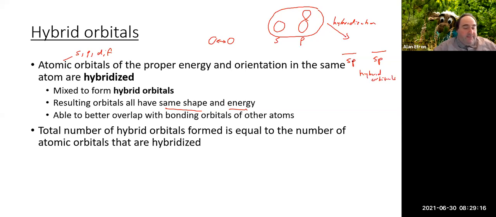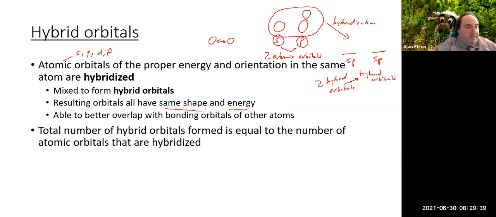So what does the s and p mean? Well, it means pretty much that. You took an s orbital, you took a p orbital, and you put them together. That is two atomic orbitals that, once it goes through hybridization, will create two hybrid orbitals.